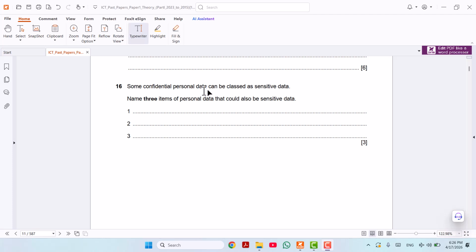Question 16: some personal data can be classed as sensitive data. Name three items of personal data that could also be sensitive. Okay, for example, we have many personal data that can be sensitive data, like your ID number.